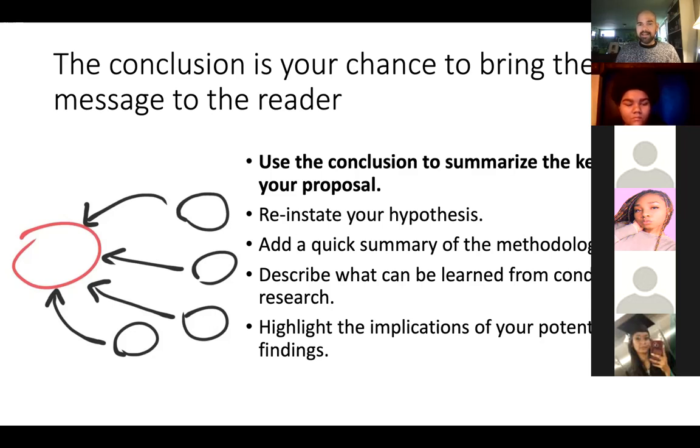During the approach, it's all about how to conduct and analyze the research. Now, the conclusion is your chance to emphasize the benefits of conducting the research. How is this going to impact the world moving forward, so to speak?